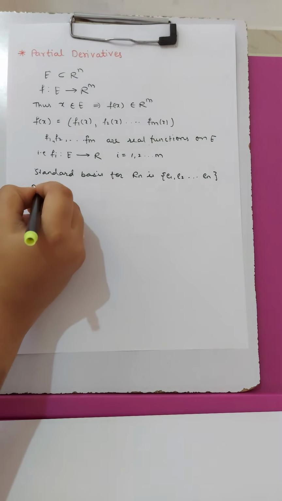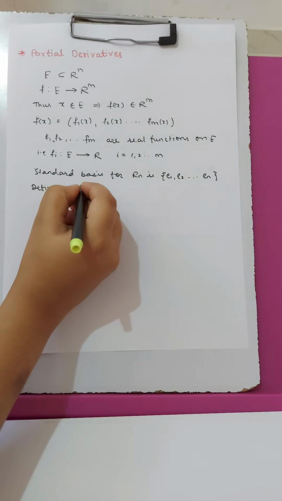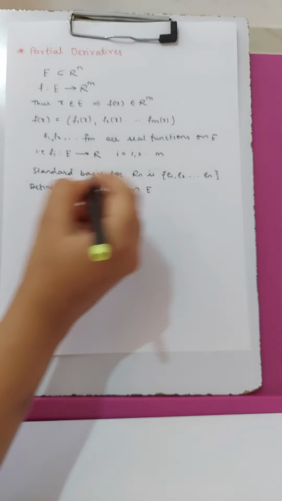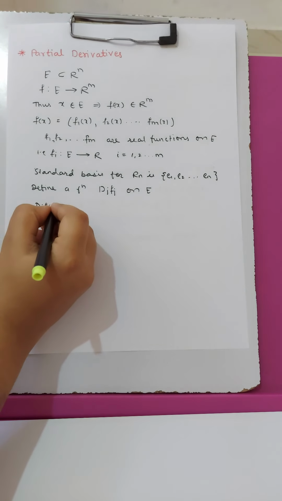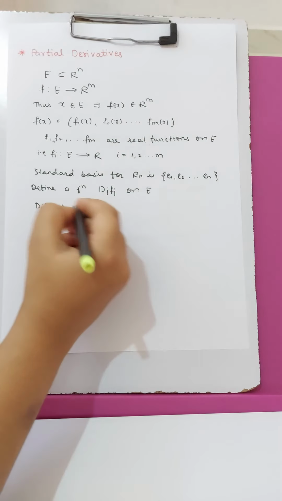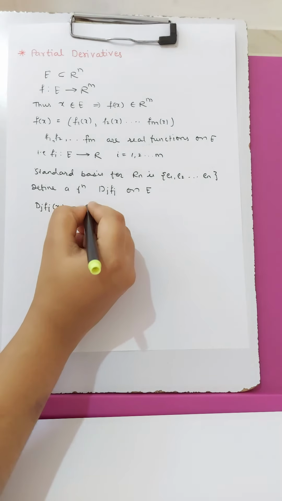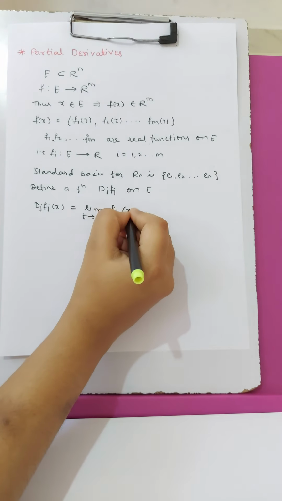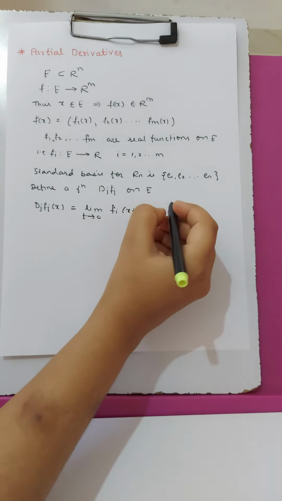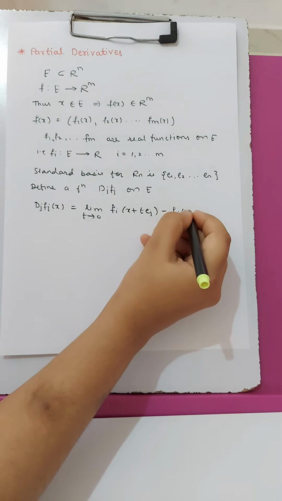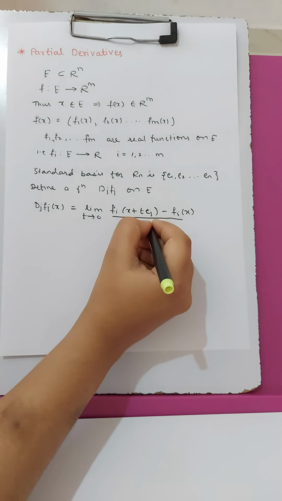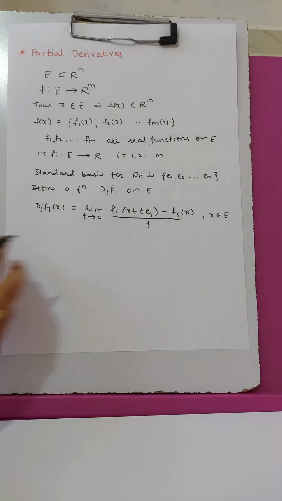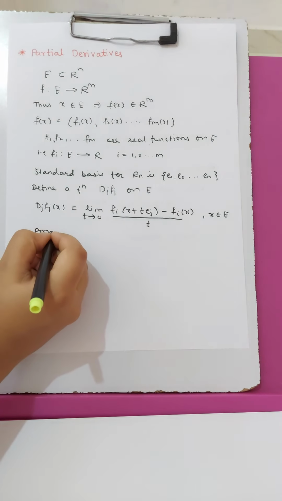So we define a function Dj fi on E, such that this Dj fi operating on x, where x belongs to E, is equal to limit t tends to 0 of fi of x plus t ej minus fi of x upon t. Here this x belongs to this open subset E, and provided that this limit exists.